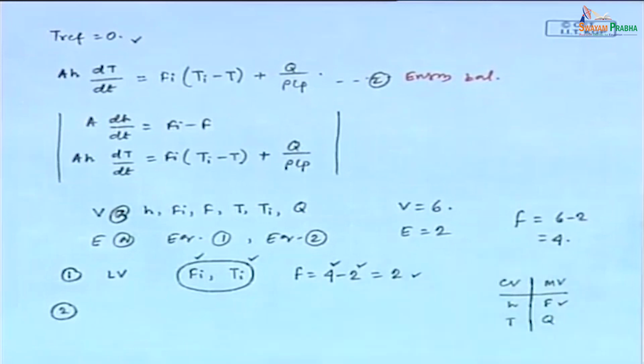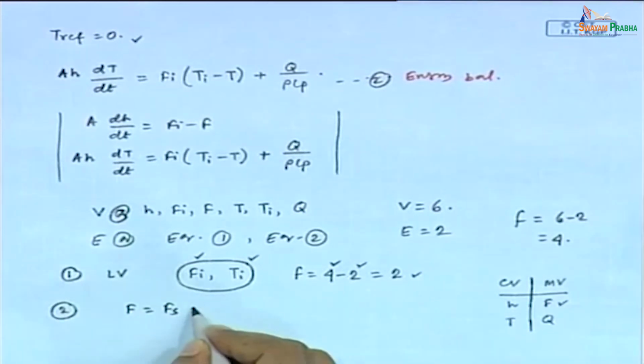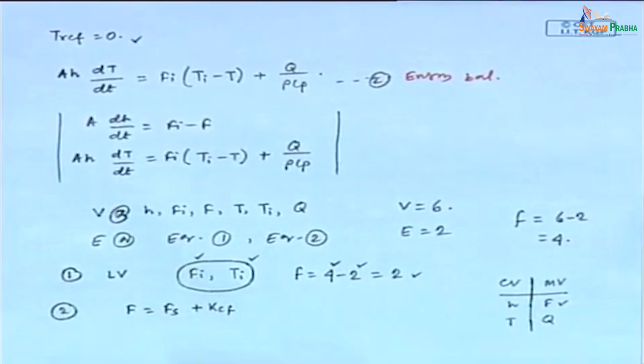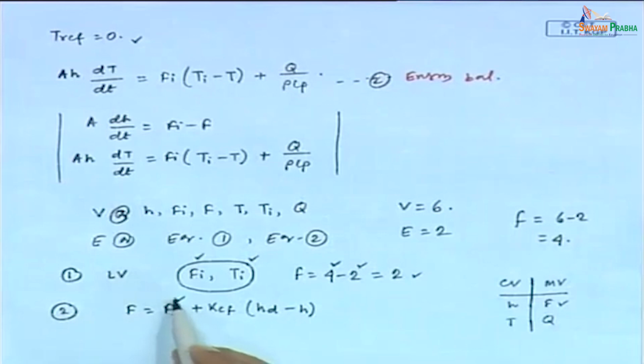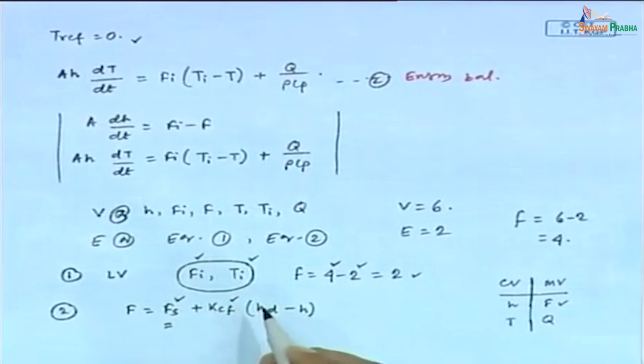If F is the manipulated variable, the control equation we can write like this: F equals to Fs plus Kcf multiplied by Hd minus H. Fs is the steady state value of F. Kcf is one tuning parameter, a constant whose value we need to determine.